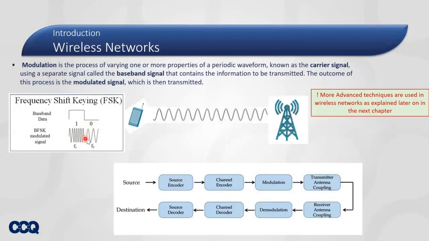And for bit 0, I use the modulated signal with lower frequency, F0. Once I receive the modulated signal at the receiver, I will know that the signal having the higher frequency represents bit 1, and the signal having the lower frequency represents bit 0.